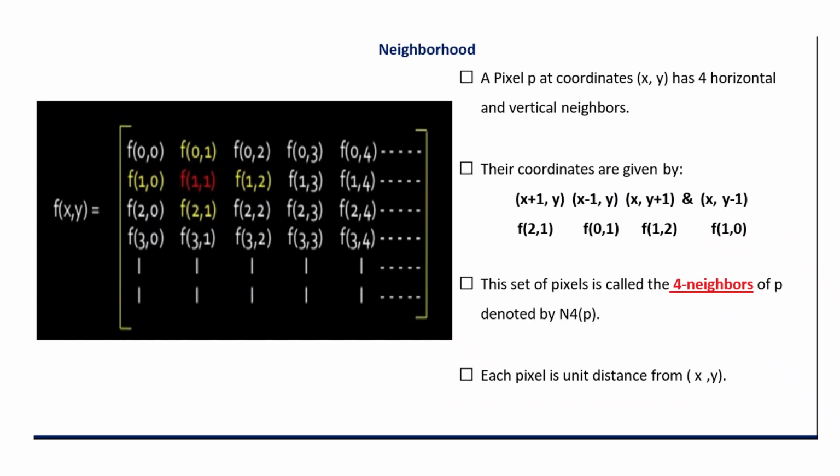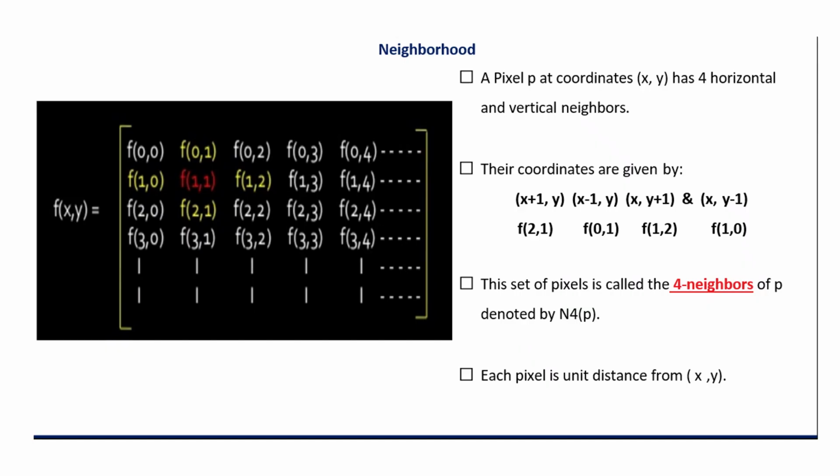Any neighborhood will be denoted as the points surrounded by any pixel value in the four directions, in the vertical side, in the horizontal side. For example, for an image block, for the coordinate f of 1, 1, the neighbors are 0, 1, which is x minus 1, y, and 1, 2, which is x, y plus 1.